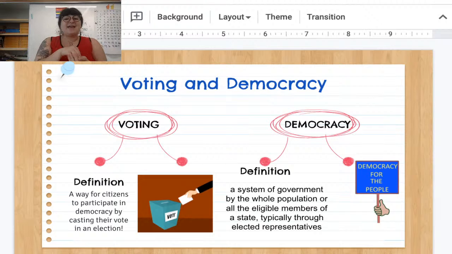The way that we really uphold this piece of democracy is by voting and by expressing your viewpoints. And we express our viewpoints by voting. So our definition for voting, and say it out loud with me: a way for citizens to participate in democracy by casting their vote in an election.